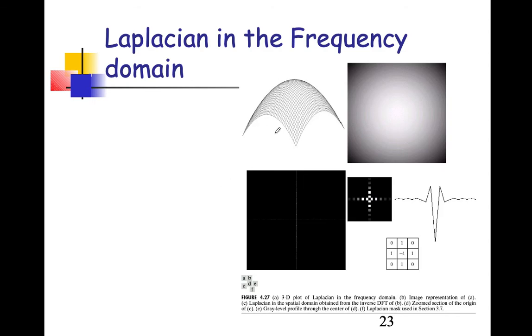Here you can see a 3D plot of the frequency domain of a Laplacian, and here we can see the image representation, how it looks. This is the spatial domain DFT output which we got, and these are all the filter outputs we are getting in spike form.